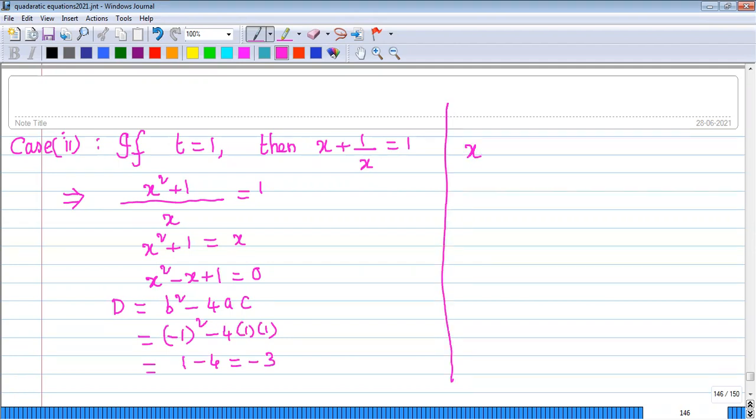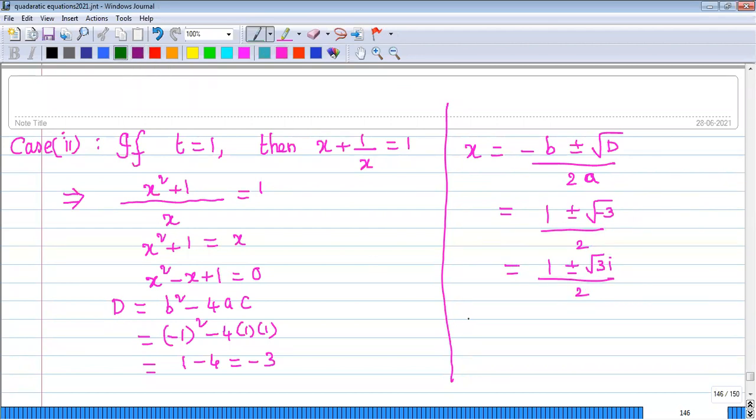So x is equal to minus b plus or minus root d upon 2a. B is negative 1, so negative 1 becomes positive 1, plus or minus root negative 3 upon 2 into 1, 2. Root negative 3 is root 3 i. So 1 plus or minus root 3 i by 2.